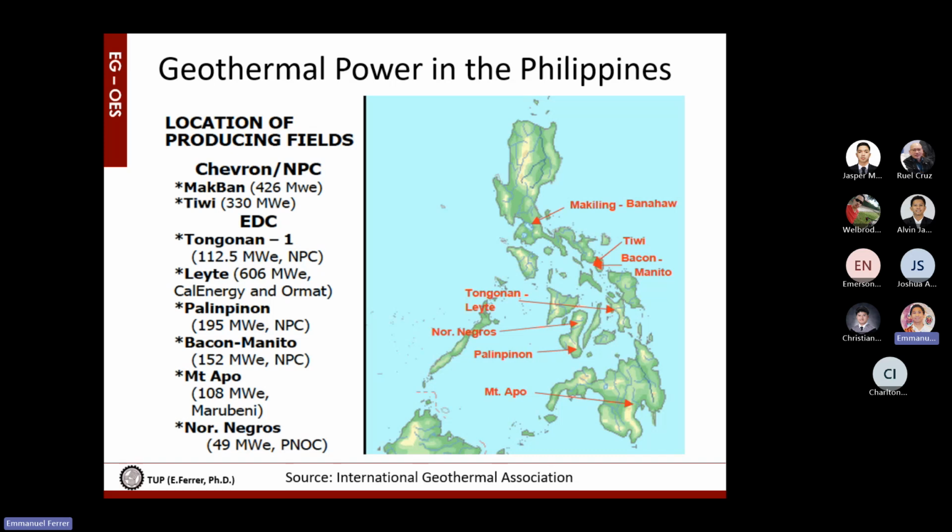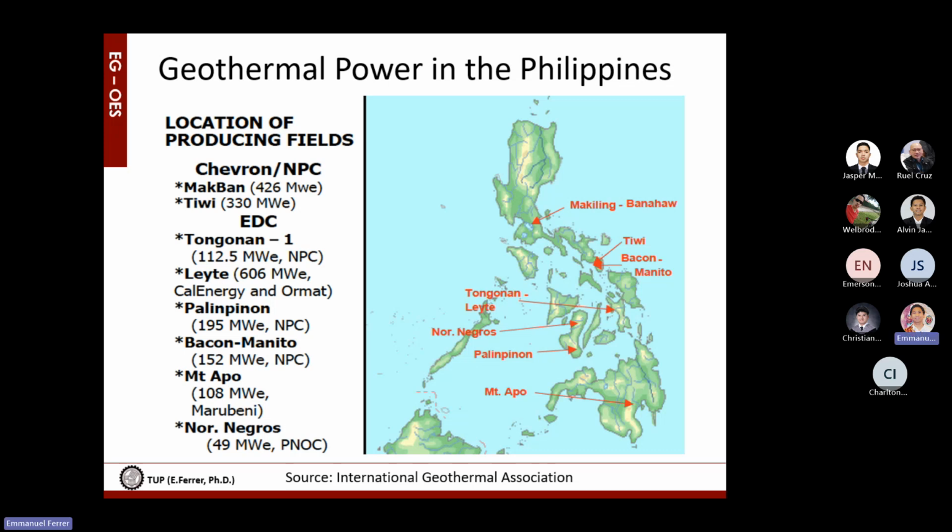And normally you can find them in areas with active volcanoes, or at least close to there. There is a heat source, a thermal source underground. So Makban, managed by Chevron.